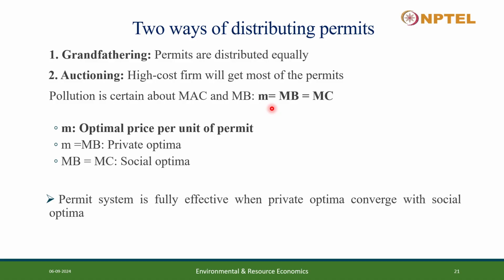At the point where private optima and social optima merge, that will be the price of permit. This is the same as the emission tax system where T equals MB equals MC. So the permit system is fully effective when private optima converge with social optima.